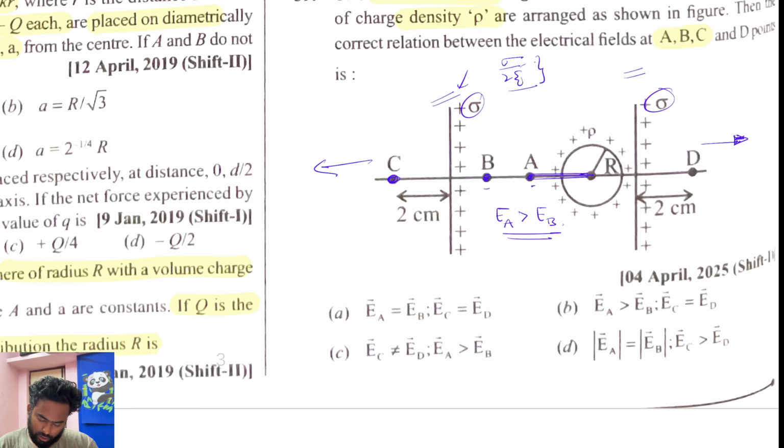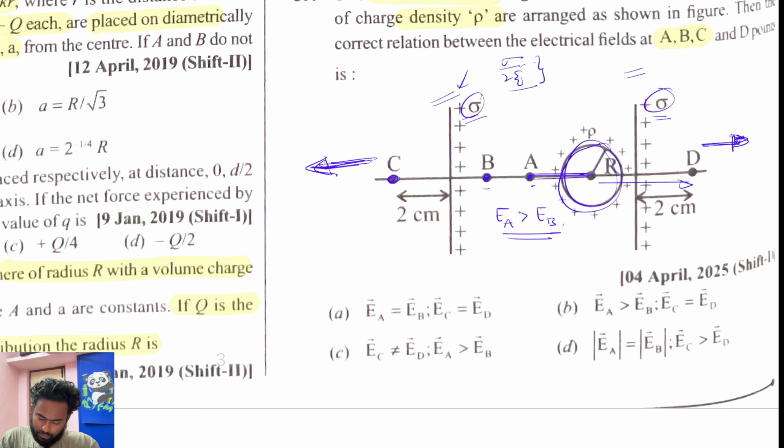Due to the plates, both C and D will have the same electric field in this direction. Due to the sphere, it is closer to D, so the D field will be more.